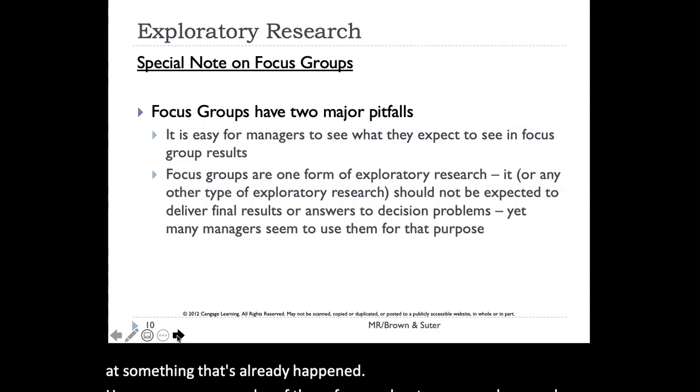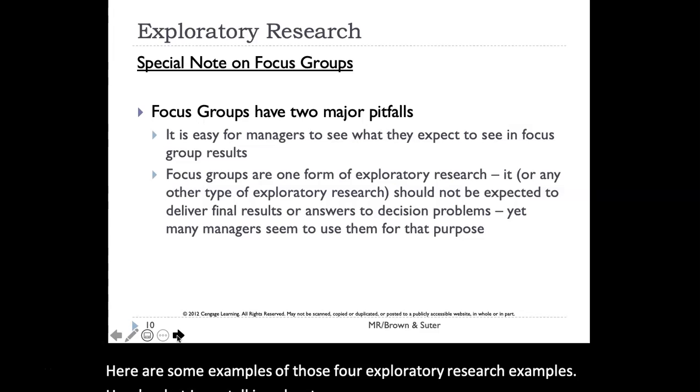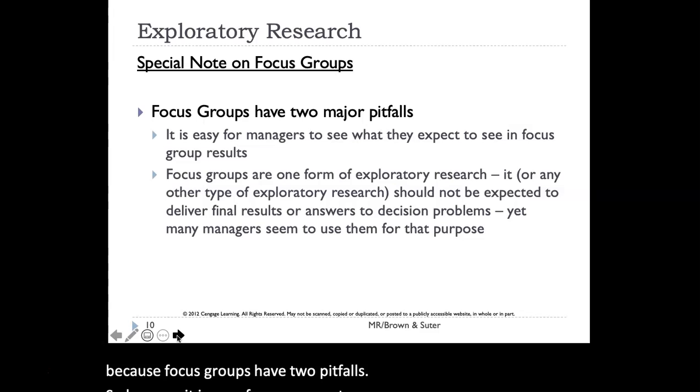Here's what I was talking about with the focus group. Sometimes it's not easy to use a focus group solely. We have to use different types of research because focus groups have two pitfalls. Because it is easy for managers to see what they expect to see in a focus group.